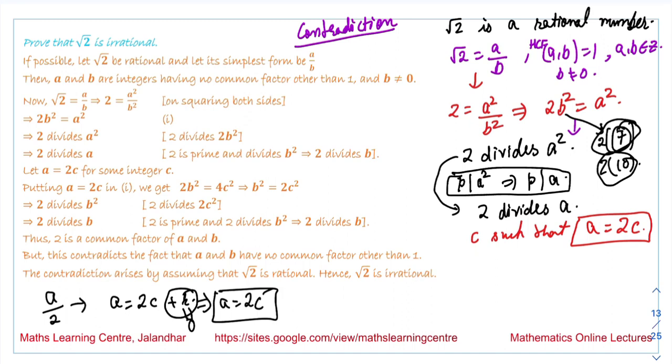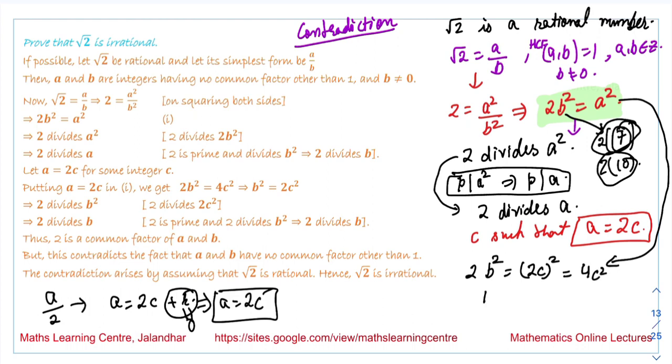So we are saying there exists a number c such that a is equal to 2 times c. If we put this value in the equation 2b square is equal to a square, what we get is 2b square is equal to (2c) square, that is equal to 4c square.